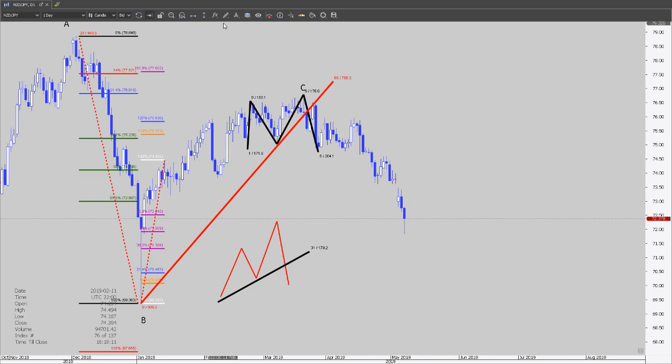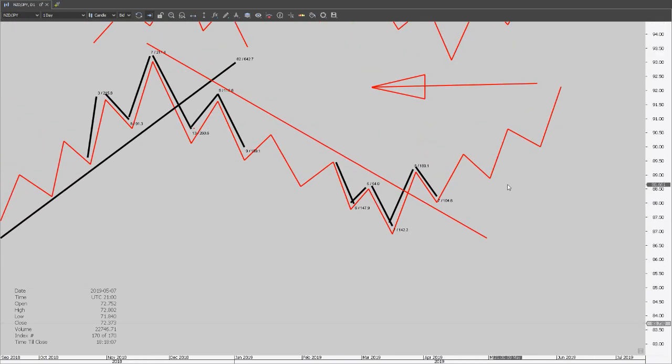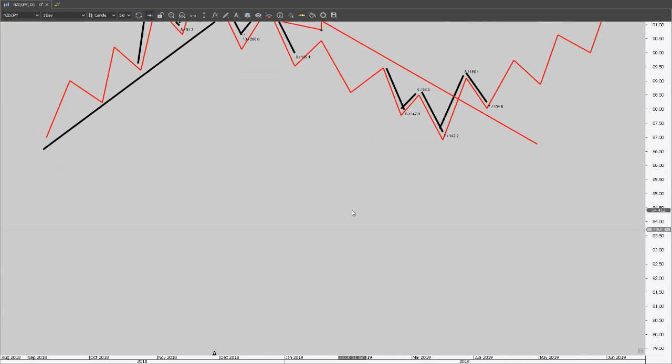Now, again, we can use the crown, as you can see, for both directions, right? You can trace a retracement with the crown reversal, or extensions, right?